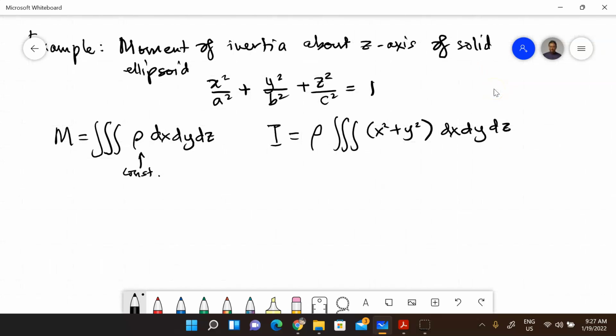Well, again, this is not really symmetric because you have all these different values of a squared, b squared, c squared at the denominators, so what one can do is a coordinate transformation, to rescale them as follows.